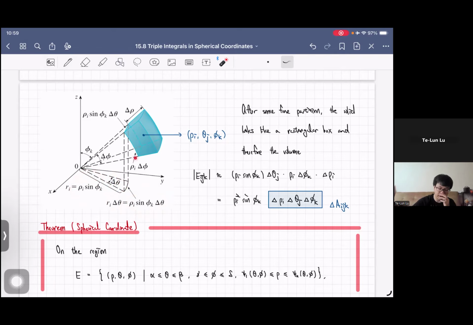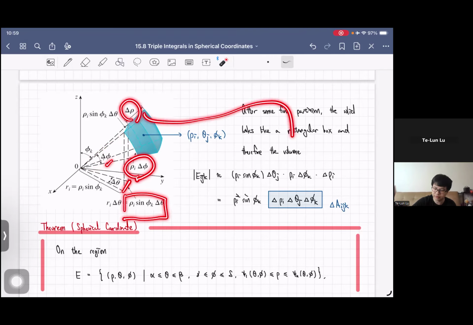Secondly, to evaluate the height, you'll simply have rho times delta phi_k, again by the formula for the sector, right? So you have this. And the thickness here is delta rho. So you simply multiply these three together, which gives this formula here.